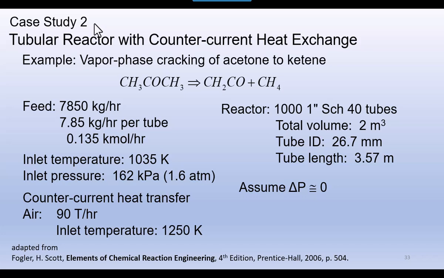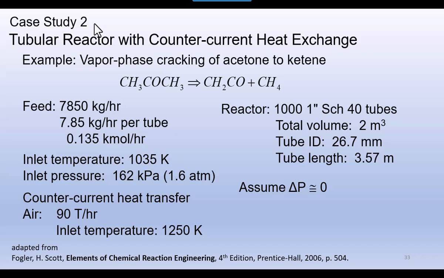And so the configuration of this reactor is that it has many small tubes. In our configuration, 1,000 1-inch tubes. And around these tubes, it has countercurrent heat exchange with a flow of air.